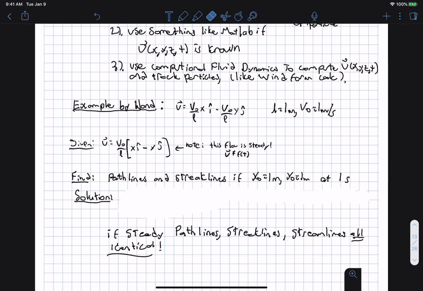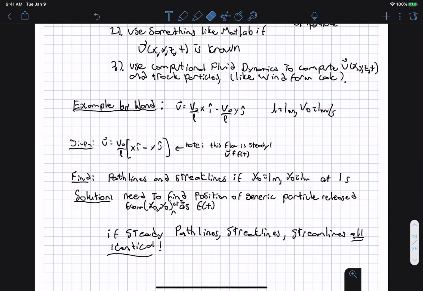The solution here is we need to find the position of a generic particle, released from some initial position at some release time, as a function of time.